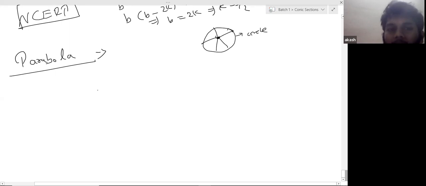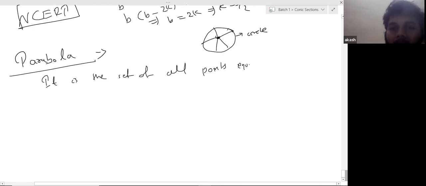In a parabola, there is a fixed line and a fixed point. So write down the definition. It is the set of all points equidistant from a fixed point and a fixed line.